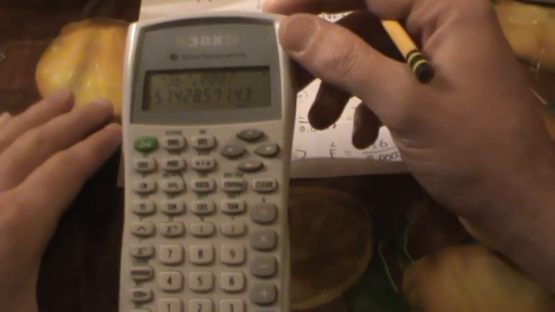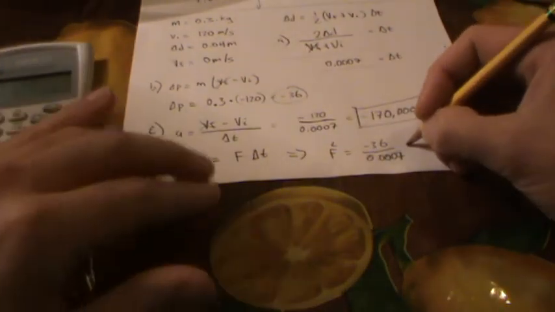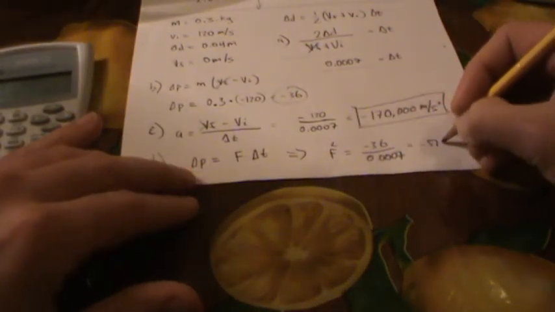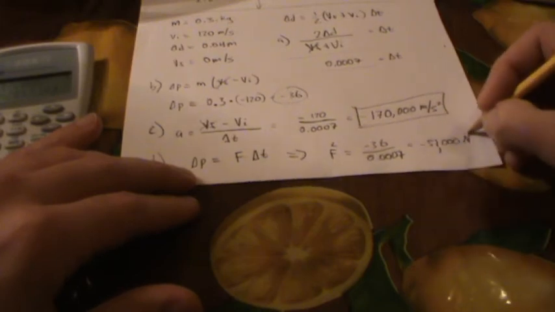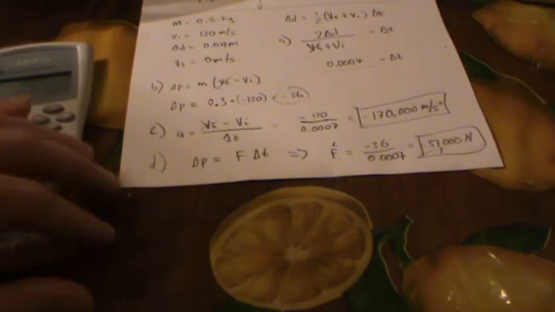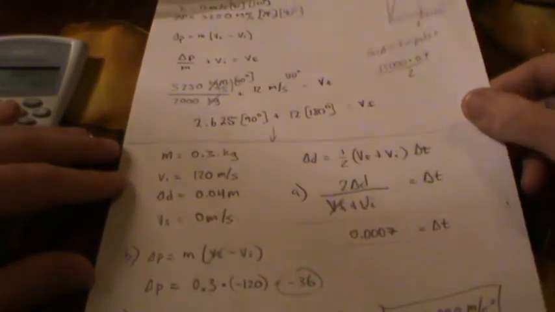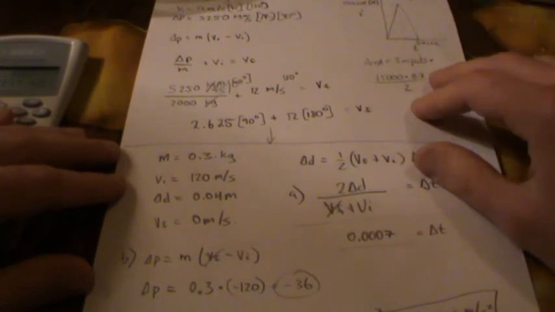And we get, on average, it's about 51,000 newtons. All right. So that's some impulse questions.